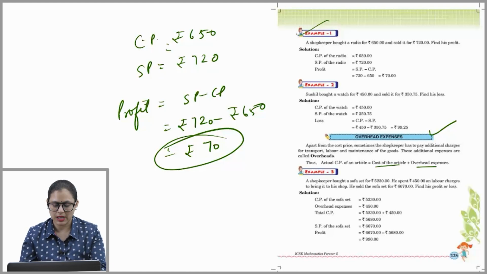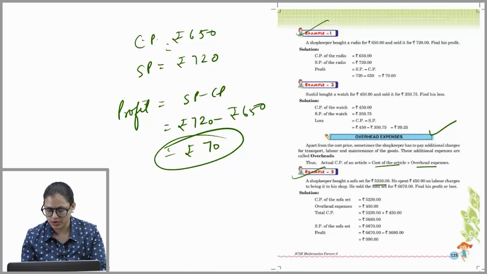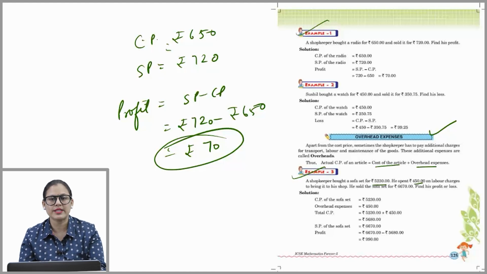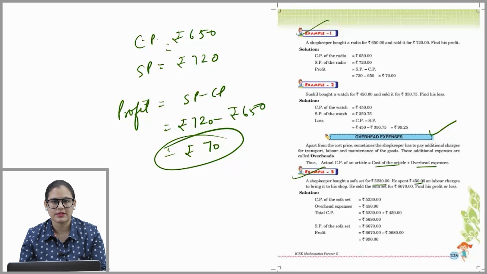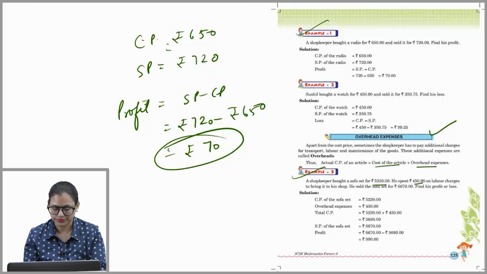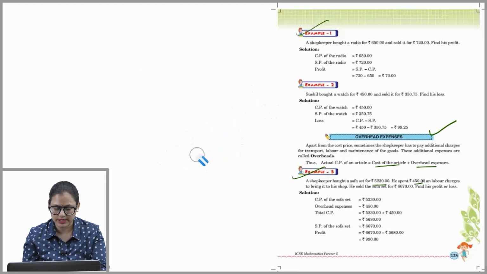Let's do example number 3. A shopkeeper bought a sofa set for rupees 5,230 and he spent rupees 450 on labor charges to bring it to his shop. He sold the sofa set for rupees 6,670. So we have to find his profit or loss. First we will find the total CP.